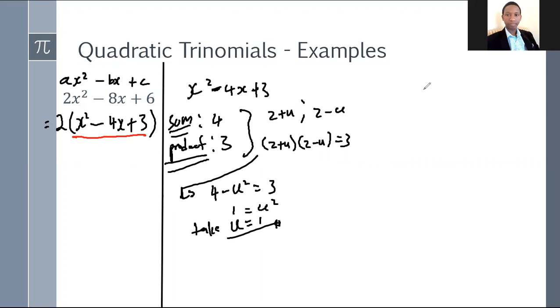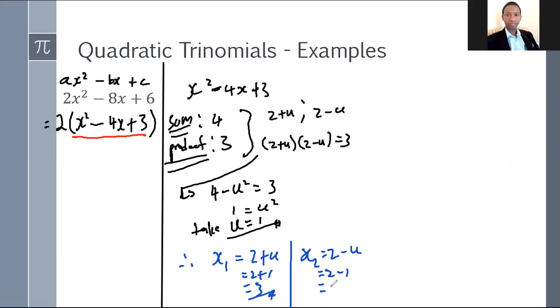What does this mean? It means that my numbers are as follows, and I'll use a different color for this. Therefore, my first value will be 2 plus u, which is 2 plus 1, and this is 3. The second value will be 2 minus u, which is 2 minus 1, and this is actually 1.